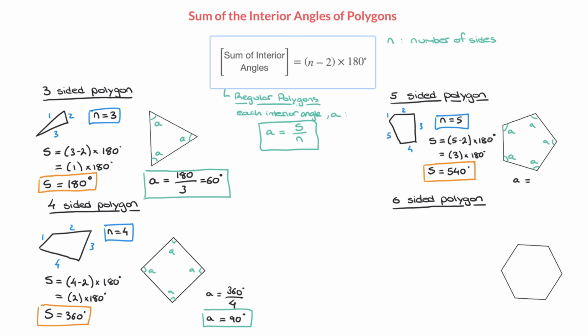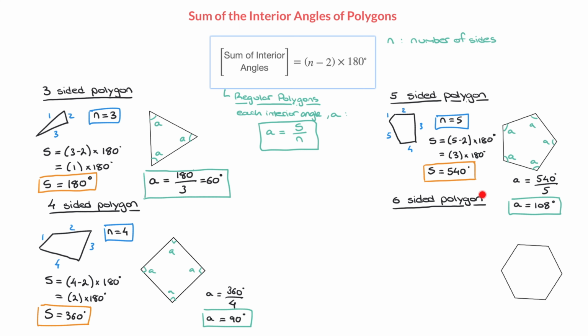So in the case of a regular pentagon, each of the interior angles will equal 540 divided by 5. And by all means check, but 540 divided by 5 is equal to 108. So that's 108 degrees. And there we go.